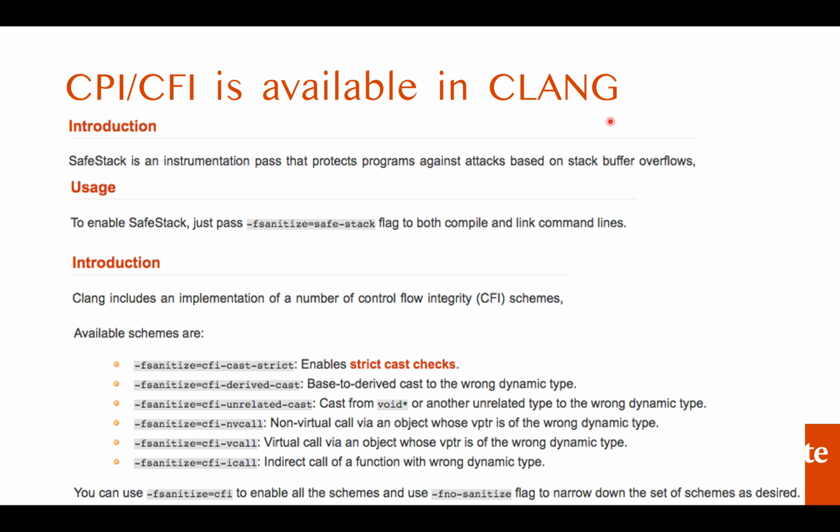If you are using Clang to compile your code, you can apply options such as -fsanitize=safe-stack, which applies a shadow stack-like feature available in Clang. And if you apply CFI, it will apply control flow integrity protection to your binary program. After having such defenses, the program will be harder to exploit.